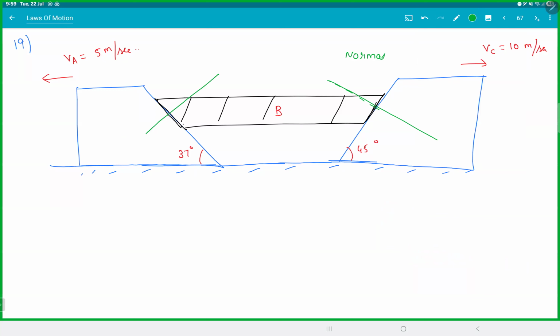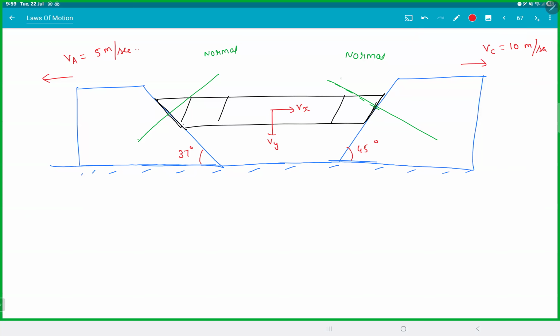This is another normal. Velocities in this direction also must be same. So let's start with an assumption. Let B go with Vx and Vy. So B's velocity, let it be, it's going horizontally with Vx and vertically with Vy.